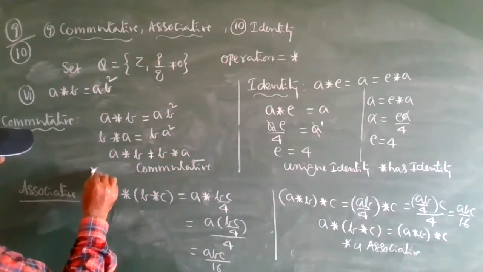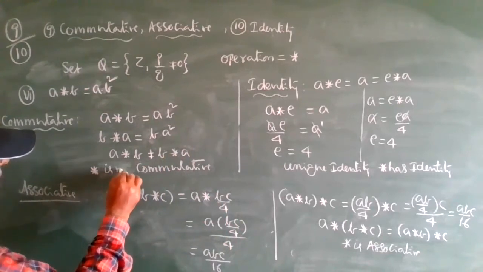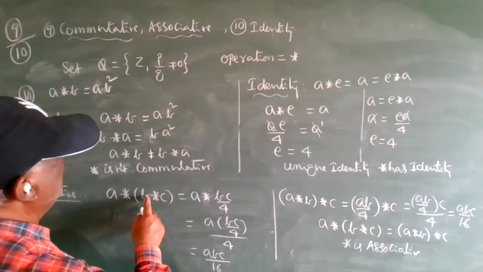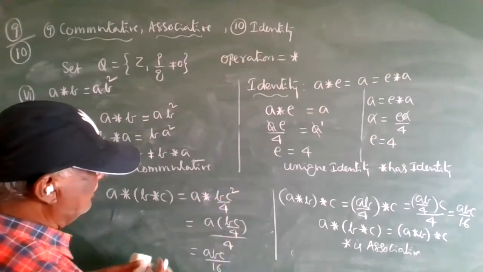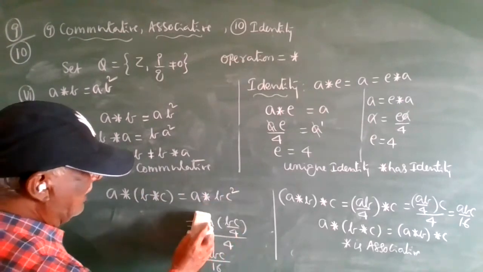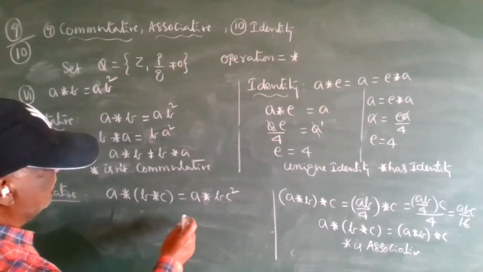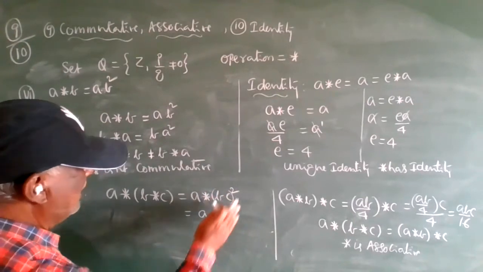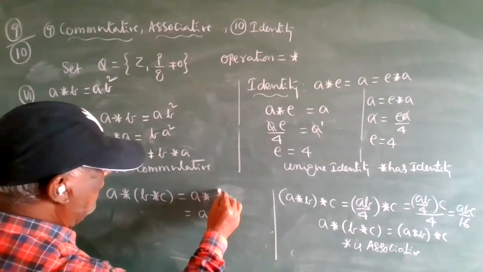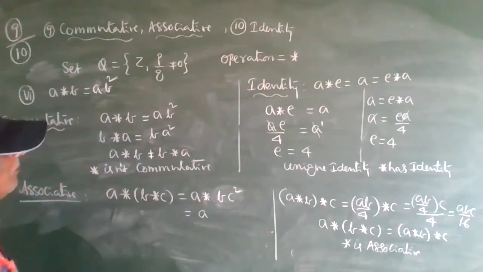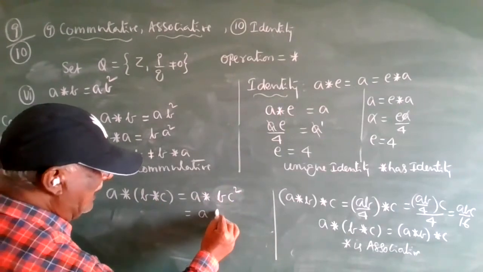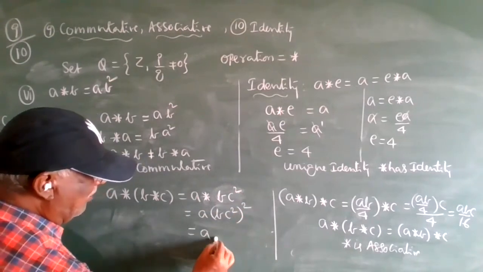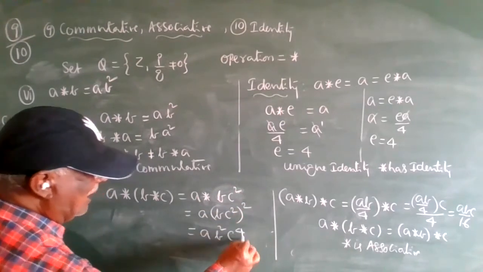Star is not commutative. Associative: AC square. Next, first element A, B into C square. First element is the same, second element square. That is A, B square, C power of 4.